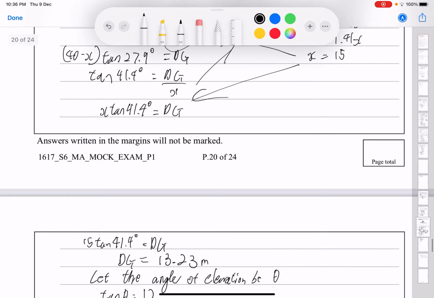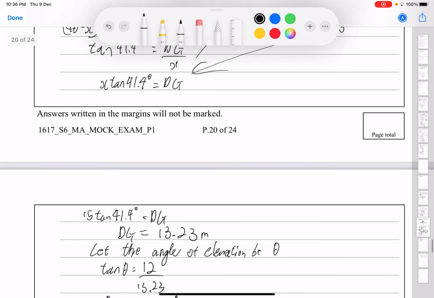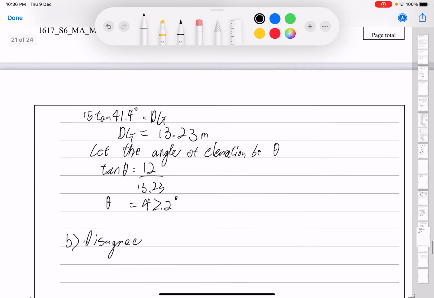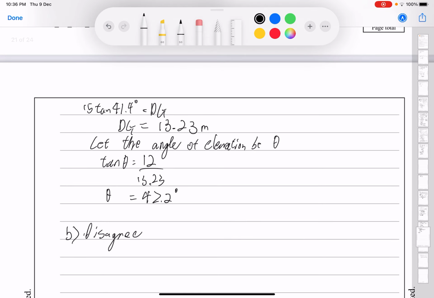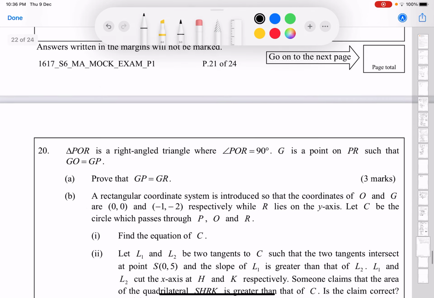So the angle of elevation is all the same. Because this is also one of the incenter properties. So if you remember all the properties very well, you can already KO this question immediately. Okay, very nice.